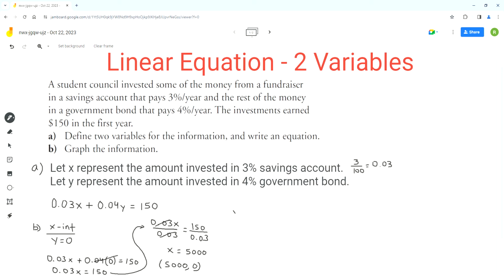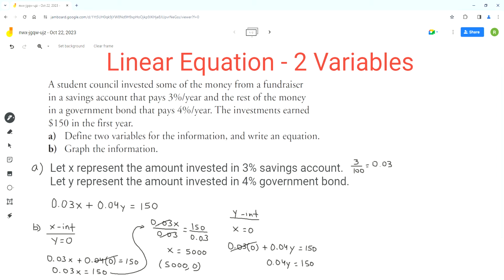Now we can find the y-intercept. So for y-intercept, we sub in x as 0. So in this equation, we get 0.03 times 0 plus 0.04y equals 150. Now 0.03 times 0 is equal to 0, so this term goes away. So we are left with 0.04y equals 150.